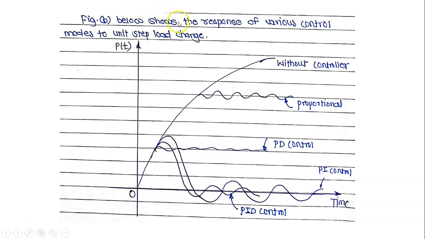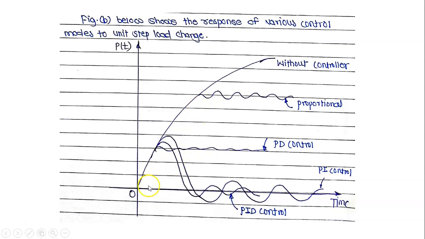The figure below shows the response of various control modes to a unit step load change. Again on the y-axis output with respect to time, on the x-axis time. This graph indicates the response without a controller.